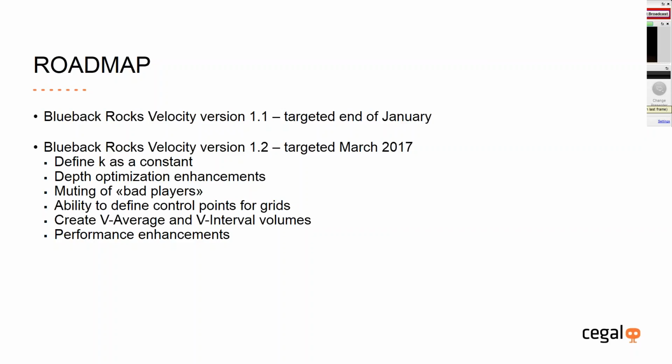We have also good ideas on enhancements for the depth optimization workflow, ability to mute bad players. This has been one of the first points raised by our Houston office, Rene at this point. Then we add the ability to define manually control points for grids using the graphic interface, and we will be able to create average and interval volumes as a seismic right away, and also further performance enhancements.